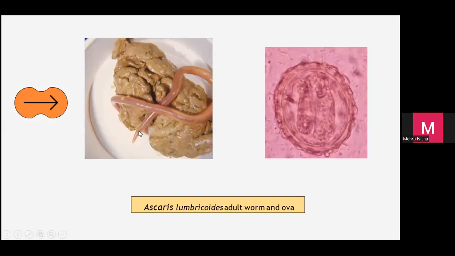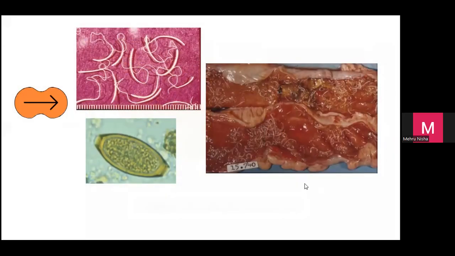Ascaris can go up to 15 to 20 cm. This one, the worm is very thin, but it can cause severe colitis. It will multiply quickly here. So this is Trichuris trichiura.